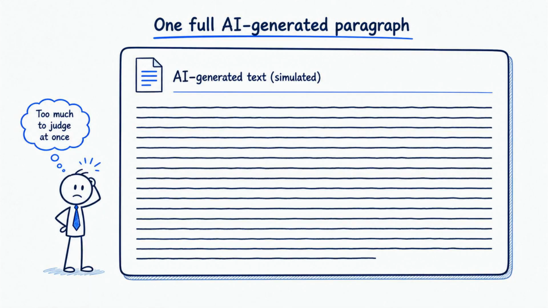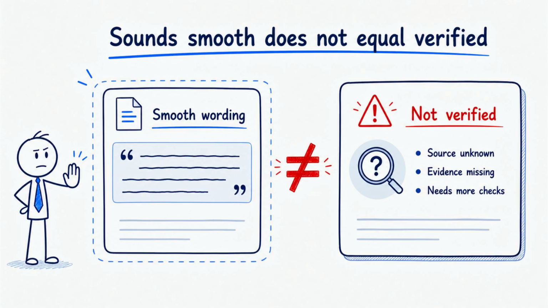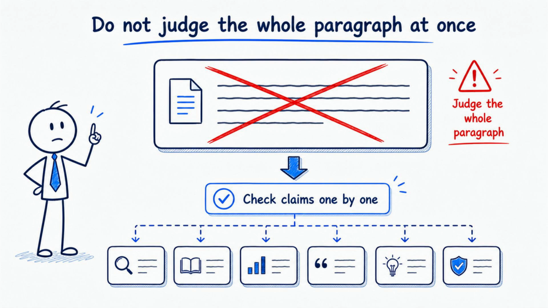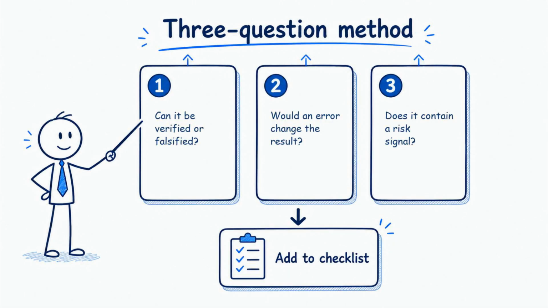Many people see a full paragraph generated by ChatGPT and think, it looks reasonable, so it should be fine. But within one paragraph, some parts may be correct, some may be wrong, and some may only sound smooth. You cannot check whether the whole paragraph is reliable. You need to check whether each key claim has evidence. When breaking down claims, you can ask 3 questions.